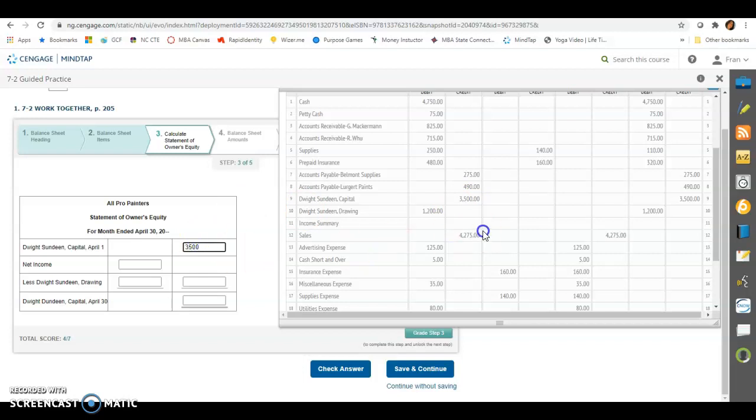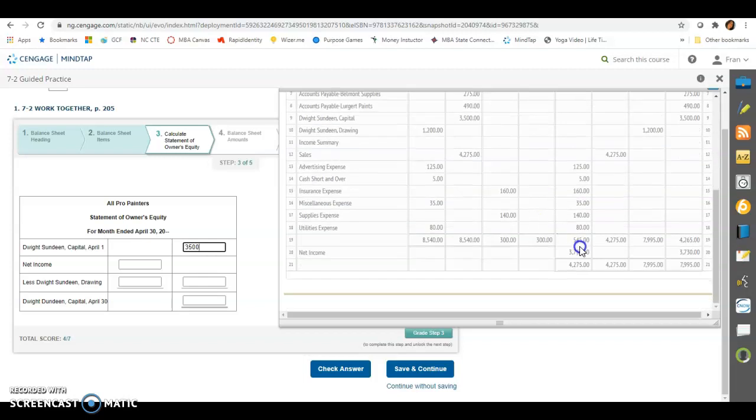Income that he made this month is right here. There's his profit, net income, $3,730. So we're going to put that there. The net income is a positive towards owner's equity, right? The drawing is something that he took out of the business, and that is $1,200.